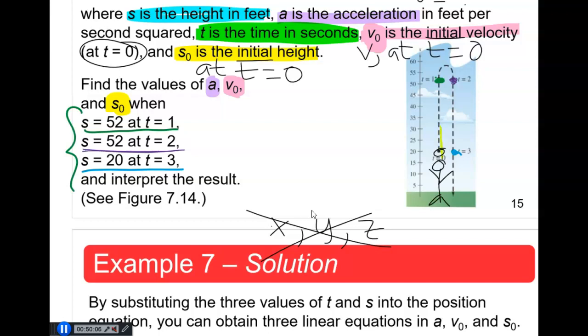So the person threw the object up in the air. After 1 second, the height was 52. It hit a maximum height, which is the vertex, and then it came back down. And then at second 2, it hit the same height that it had at second 1, which was 52. And then it came back down. And then at second 3, the height was 20. So that is the free fall of the object.